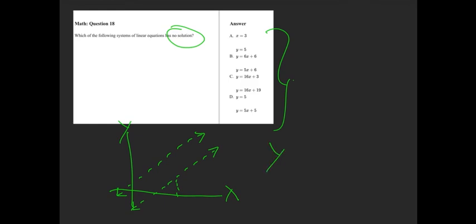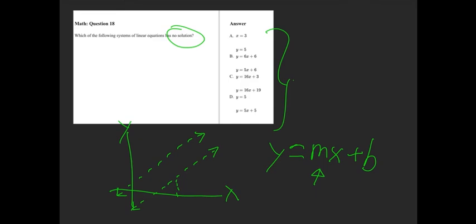Now, every linear equation is in the form y equals mx plus b, where m is the slope. So our condition is to make m the same. B doesn't matter, as it's just the y-intercept.